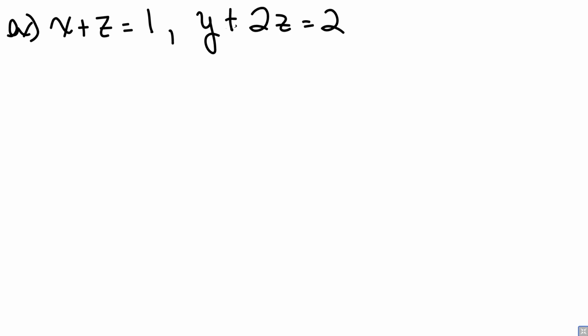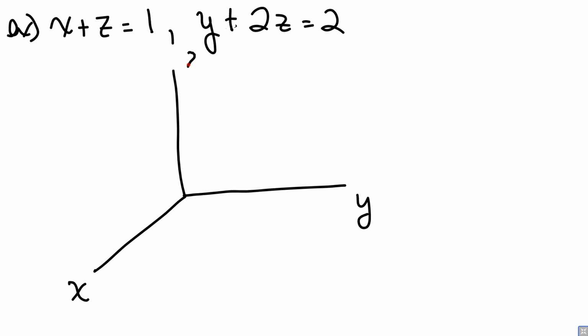To help us out with this, what I'm going to do is graph. So here's x, here's y, here's z. I'm going to deal with the first one in blue. I'm just going to find the intercepts on the x and z axes.